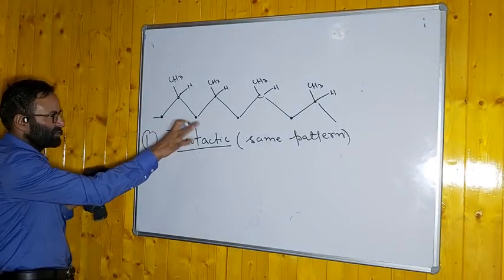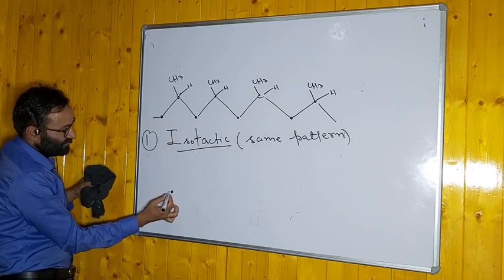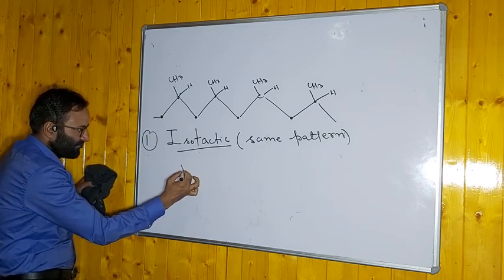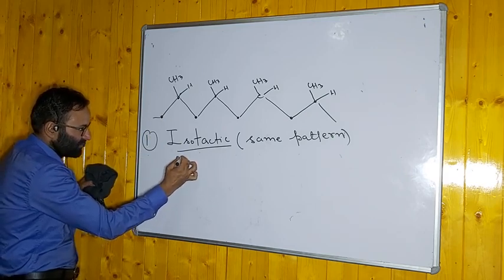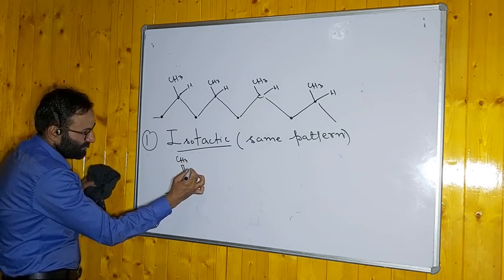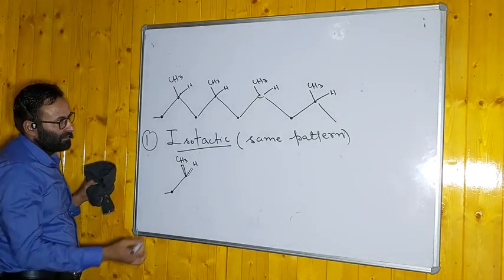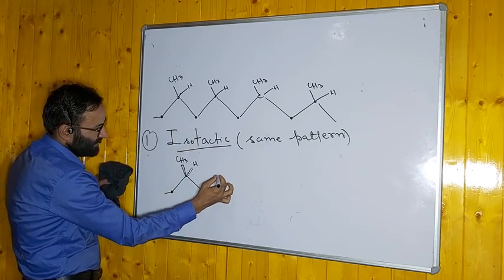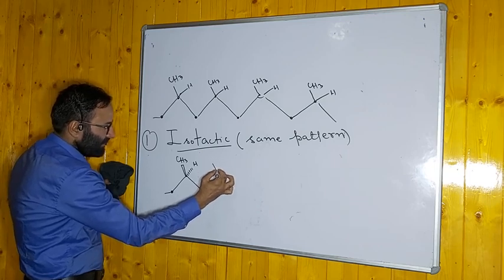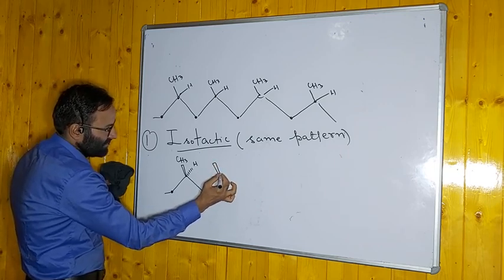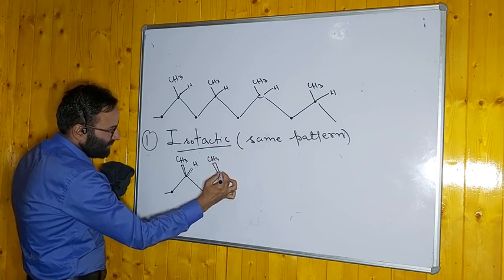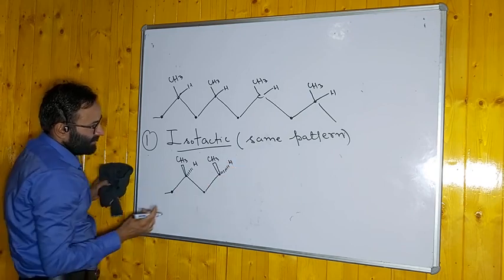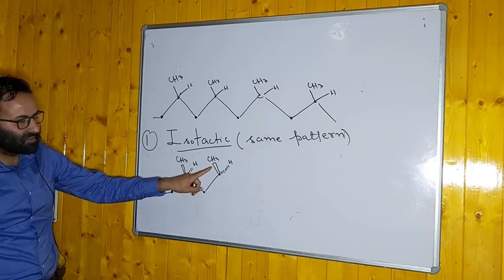I will draw this isotactic form. We have CH2, then C. On it we have methyl, which I draw above the plane, and hydrogen below the plane. Then methylene, then again C. If the methyl groups and hydrogen atoms occupy the same positions on this zigzag backbone, methyl above the plane, here also methyl above the plane.